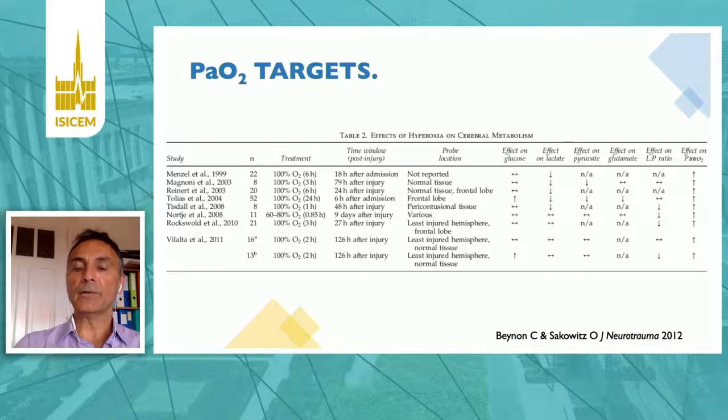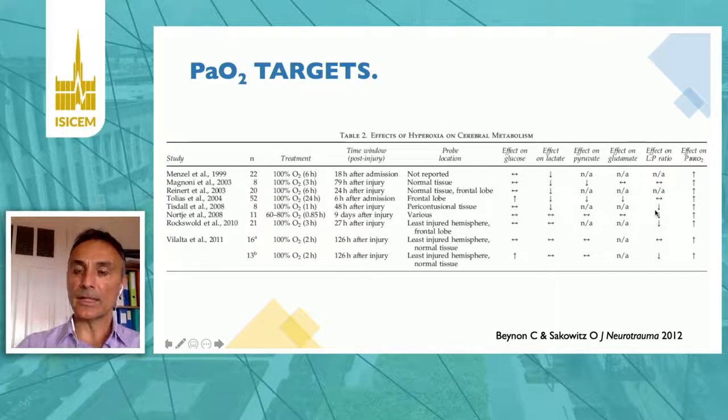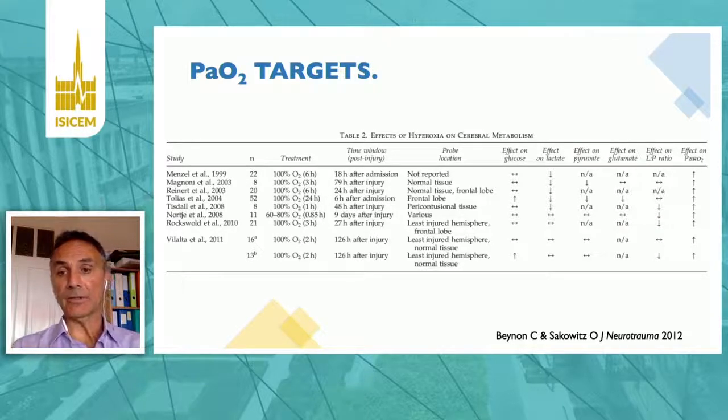But what I found very interesting here in this summary is that in most studies, short-time hyperoxia was associated either with no major disturbance in cerebral oxidative metabolism, or actually a reduction, so an improvement in cerebral oxidative metabolism as manifested by a reduction in the level of lactate-to-pyruvate ratio. So basically a benefit on the tissue.